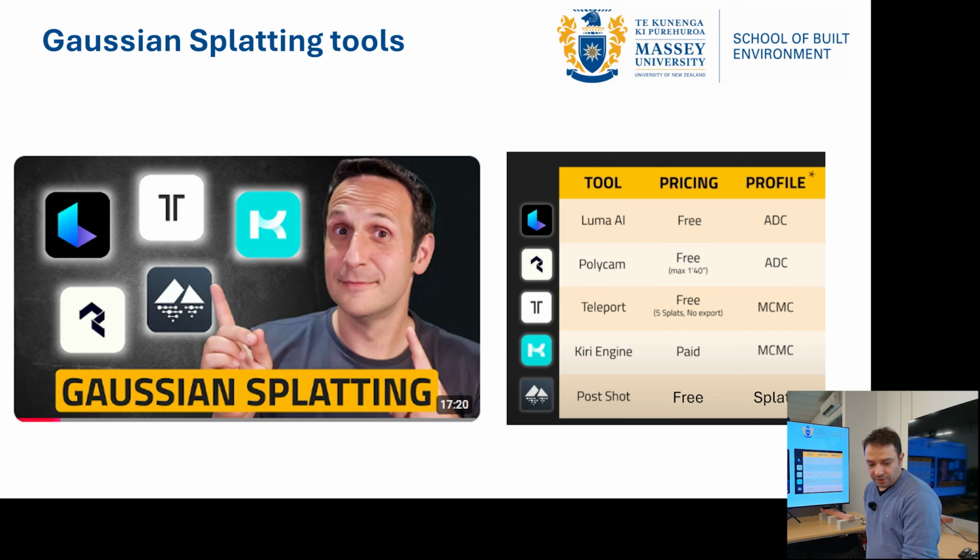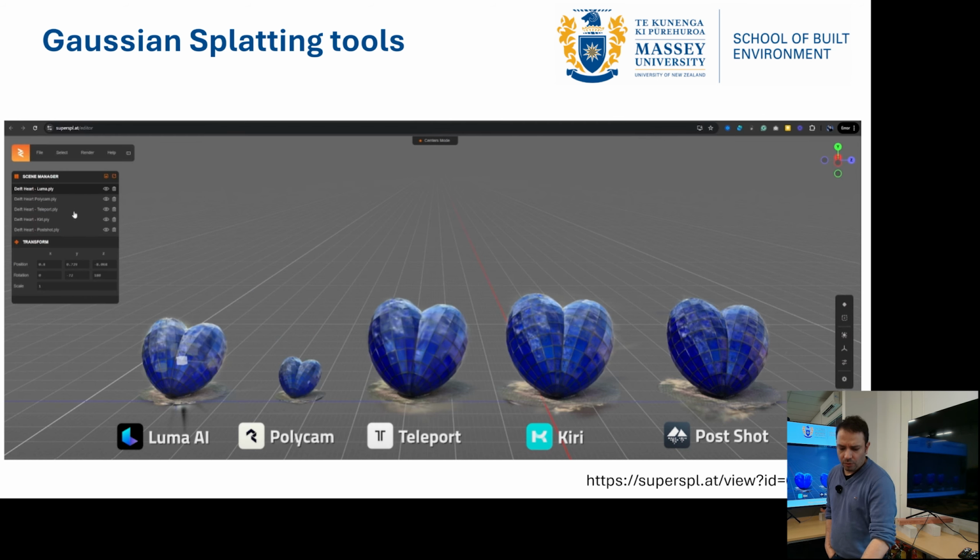I managed to find some videos that were trying to compare different software. In this case, I didn't try CuriEngine and Teleport. CuriEngine is because they want money and I didn't want to pay for the license, but it seems that it's a relatively good engine. And I like this video because he managed to use exactly the same data with a really complicated object, something that is shining: it's all glass, and he has a metal structure in it.